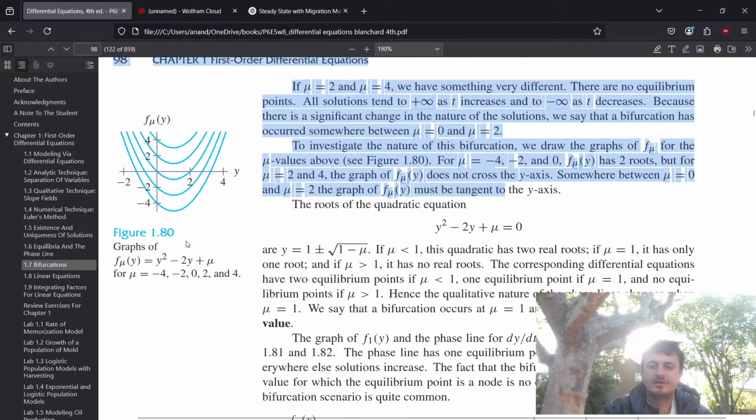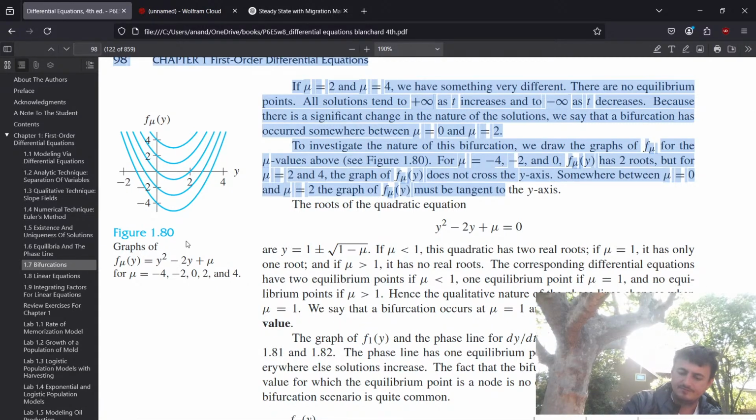Okay, so here's what it is. You get the equation that has the parameter in it, y squared minus 2y minus mu, and you set it equal to 0. Then you use the quadratic formula, minus b plus or minus the square root of.